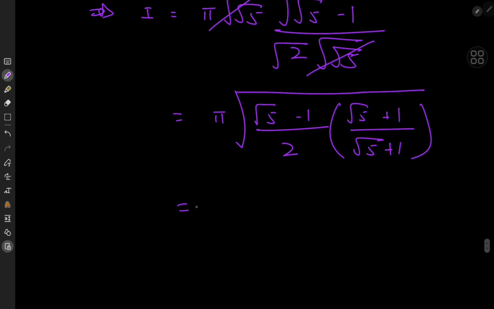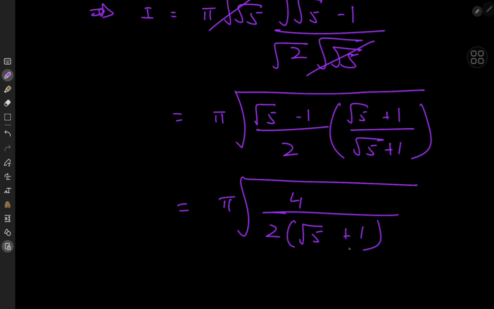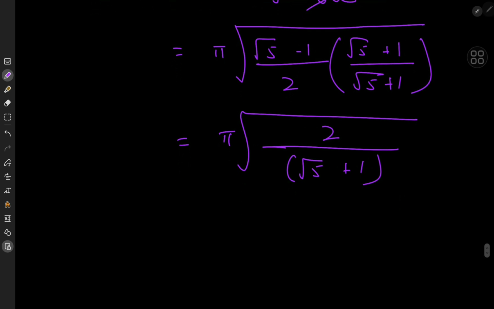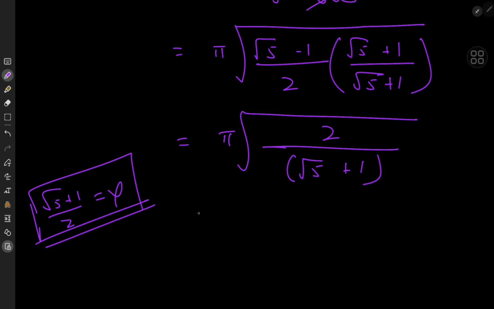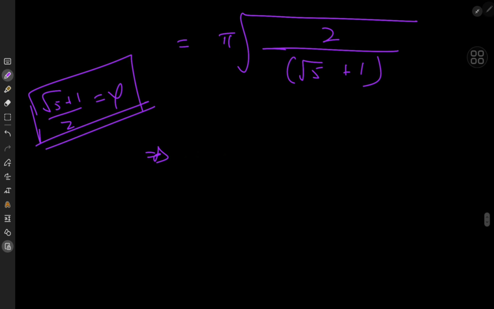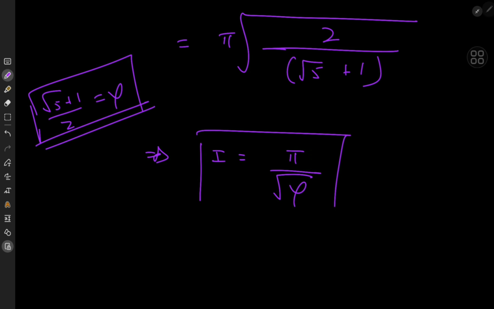In the numerator, what we're left with is in fact 5 minus 1, that's a 4. And we have 2 down here, root 5 plus 1, cancellation, meaning that we have 2 here. And root 5 plus 1 by 2 is the golden ratio. So all this means the target integral I evaluates to this beautiful result that is pi divided by root phi.